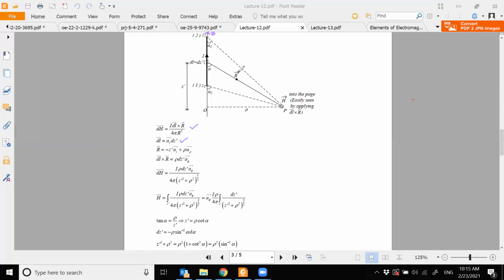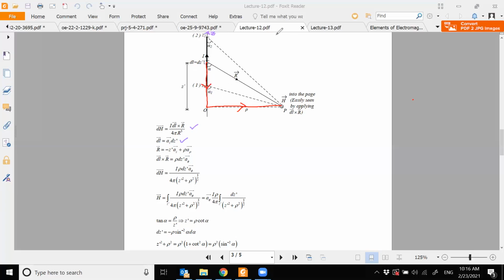So this we got dl. Now the distance vector r. We follow the same steps that we did for Coulomb's law. So to find this vector r bar, which is in this direction, I will first go from here to here, and then I will go from here to here. So what is this one?